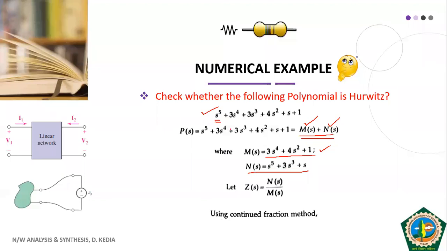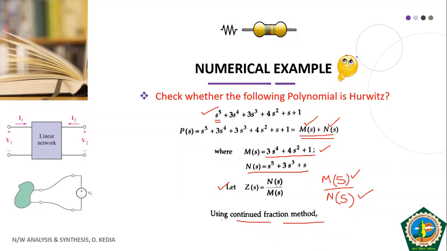So one peculiar thing related to this numerical I told you. Another thing is, I told you in the previous class that the continued fraction will be obtained through the ratio M(s) upon N(s). In those examples, we had the even power greater than the odd power, so we had taken M(s) in the numerator and N(s) in the denominator.